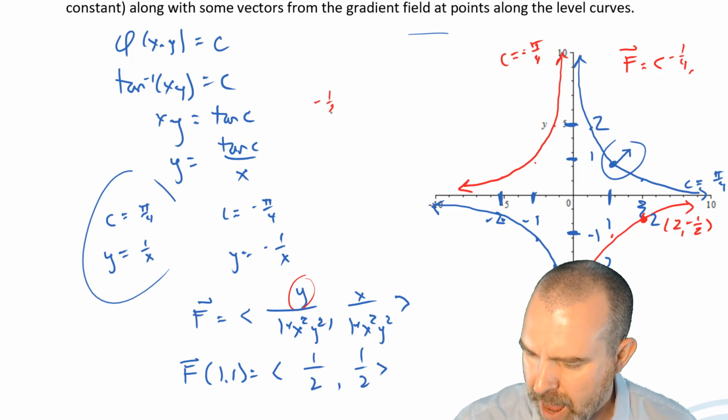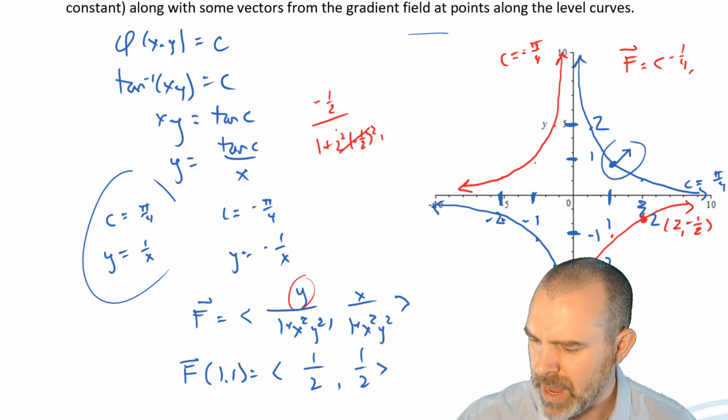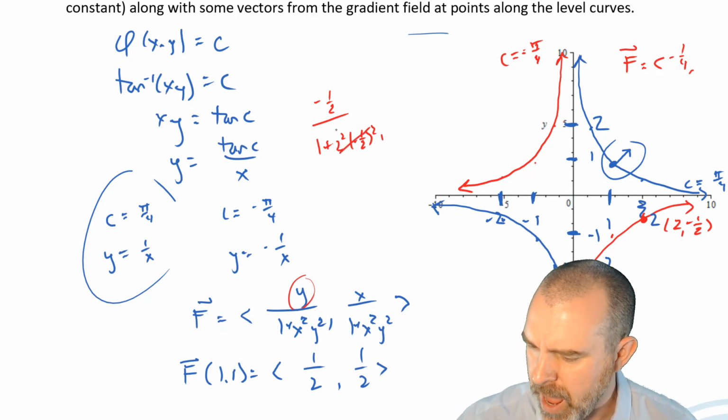We have negative 1 half over 1 plus 2 squared times negative 1 half squared. So that's just 1 plus 1, and we have negative 1 half over 2. So yeah, negative 1/4. And then x, 2 over, let's see.